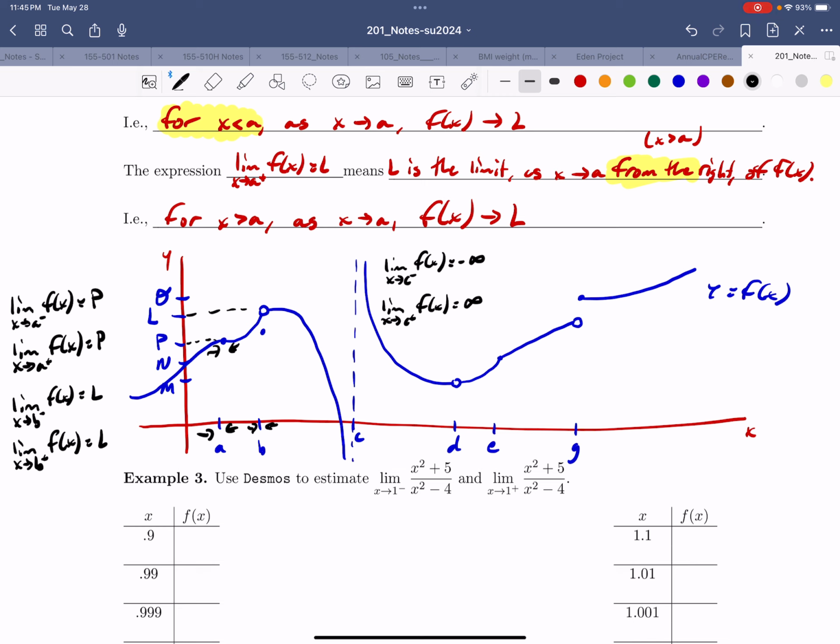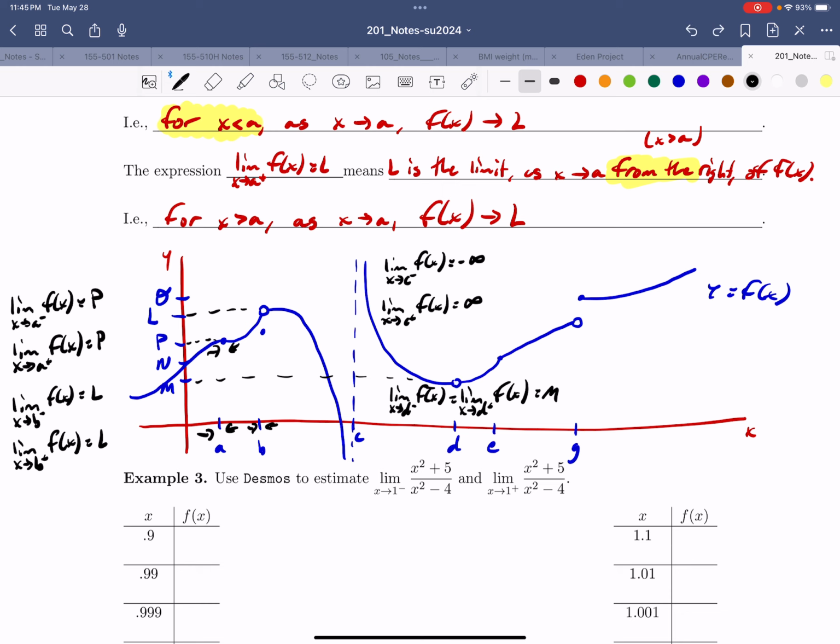For d, it looks like, once again, the left and right-hand limits do equal each other. And they both equal M. Again, that's where they're going. It doesn't matter that we never actually get there. It doesn't matter that the hole isn't filled in.